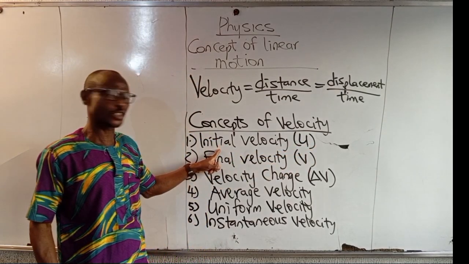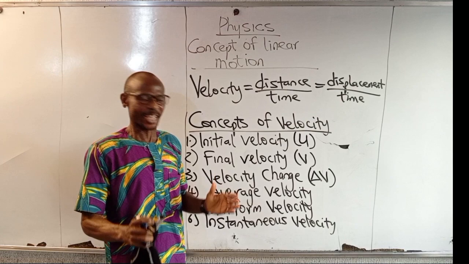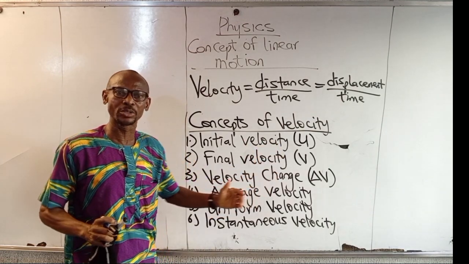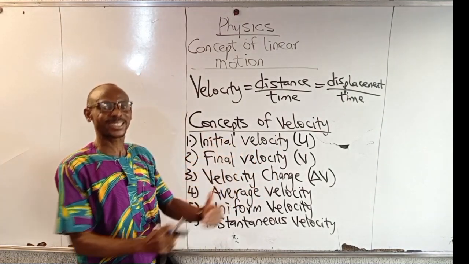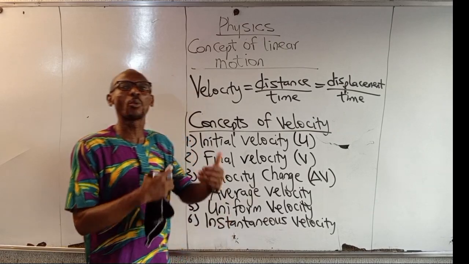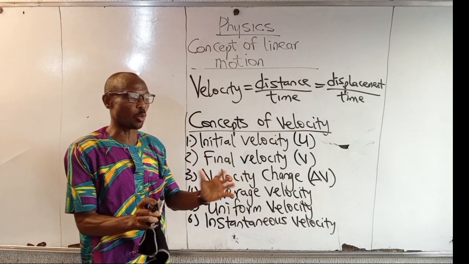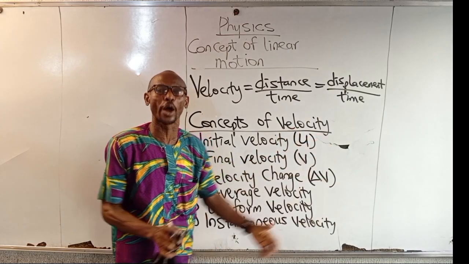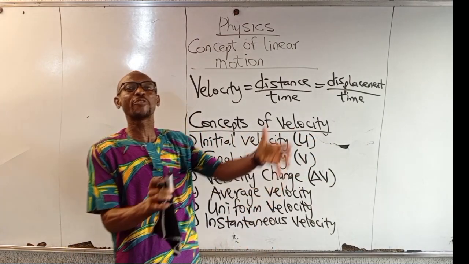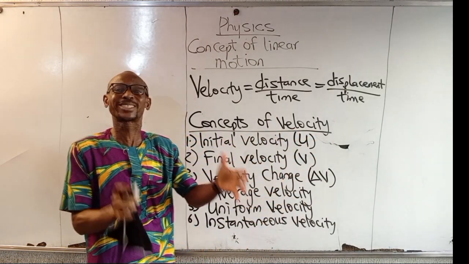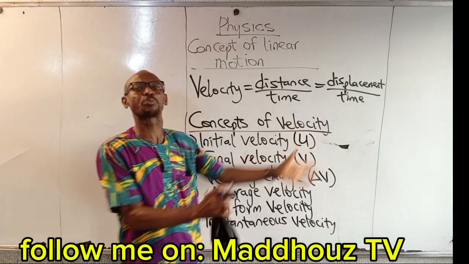One, what is initial velocity? The initial velocity of a body in respect to a given motion is the first velocity, or we call it the starting velocity, with respect to two given reference points, or two consecutive reference points.